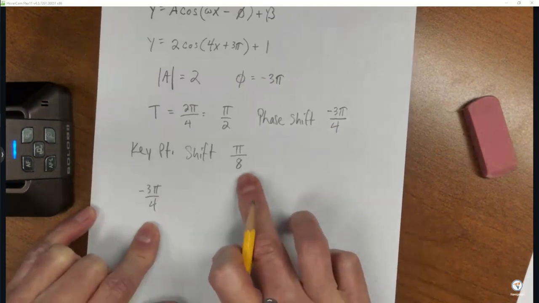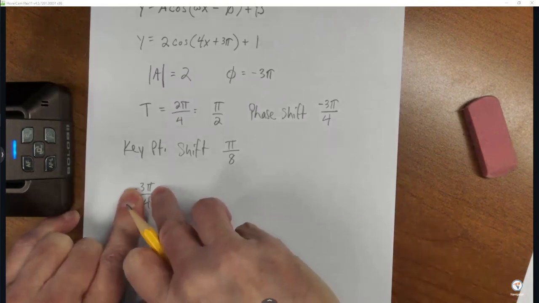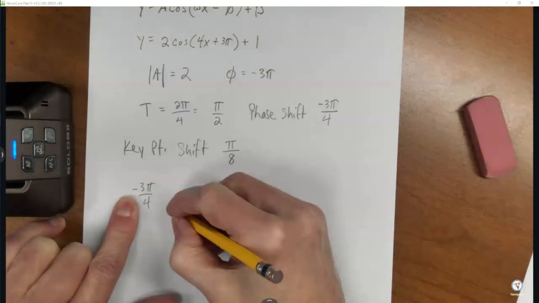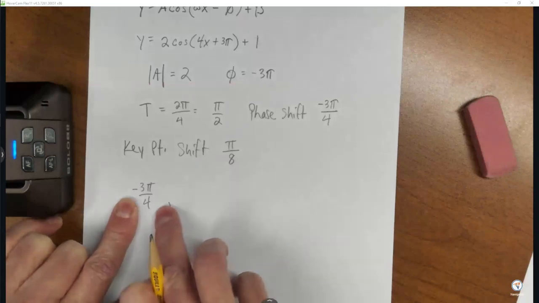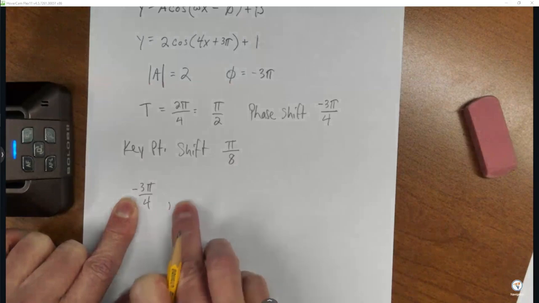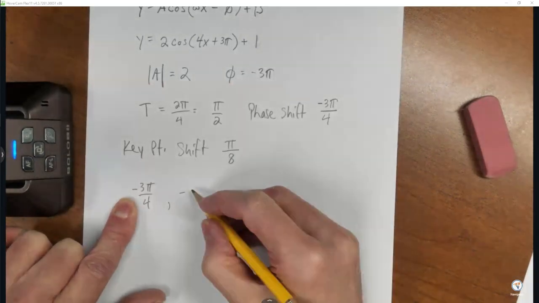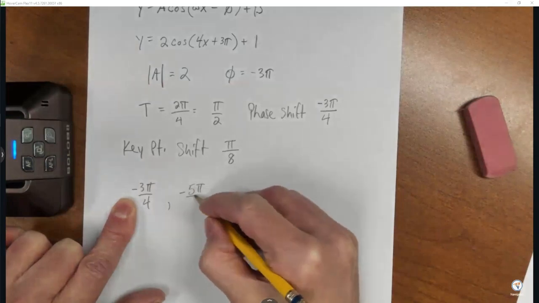I have to add pi over 8 to that. So if this was over 8, that would be negative 6. So the next x point would be negative 6 pi over 8 plus pi over 8. So that would be negative 5 pi over 8.